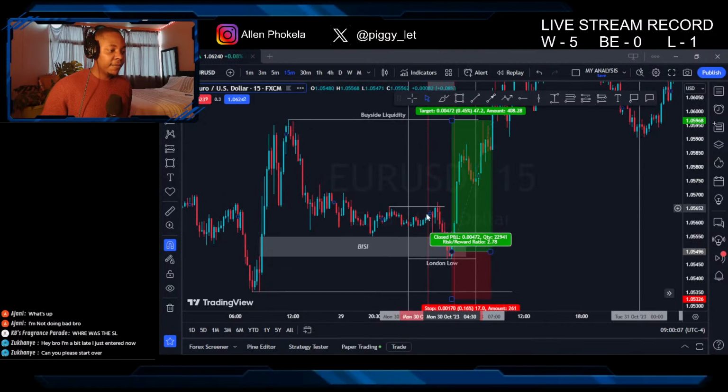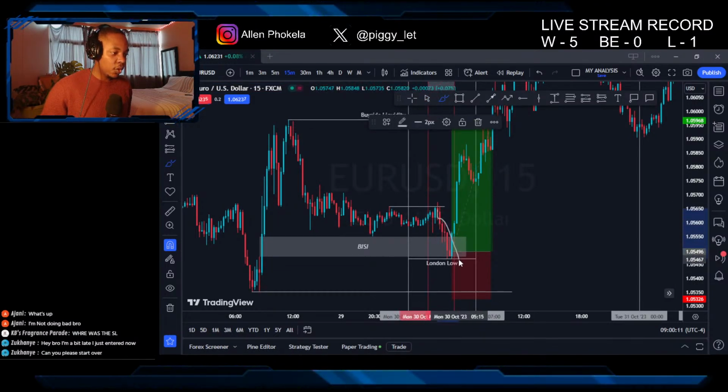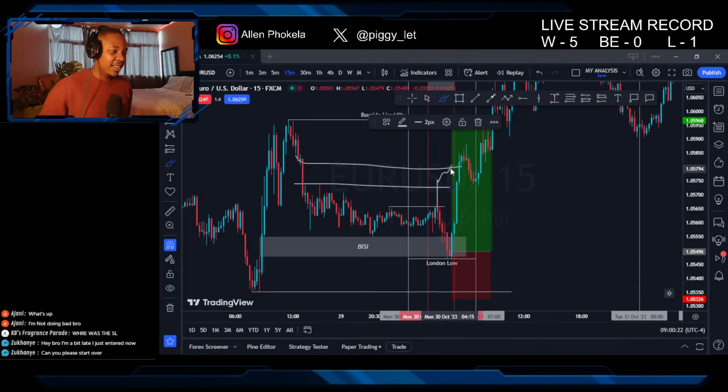So if price, instead of taking us low, took us higher, this is where you'd be looking for sells using this fair value gap, and then look to sell off from there to take out the sell side liquidity.